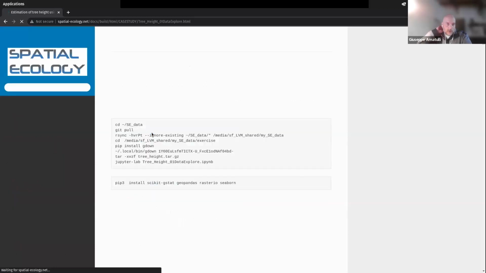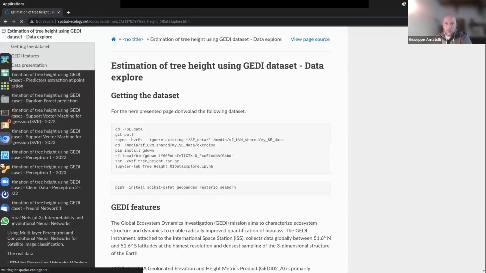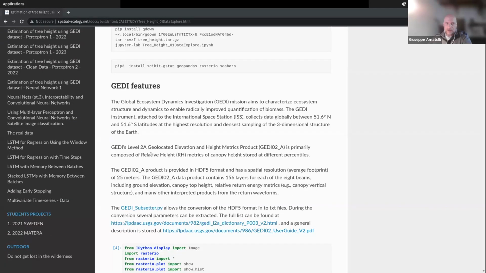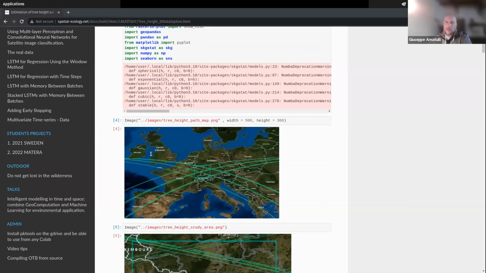We have been using this data set on different occasions with point extraction. I'm going to give a general overview of the data set again to give you a better understanding of what this data set is. The GEDI data set is a laser scanning data set that sends impulses to the Earth and gives information about the tree height.